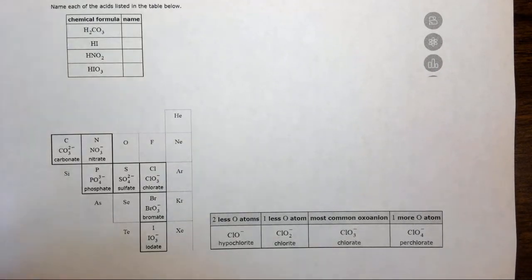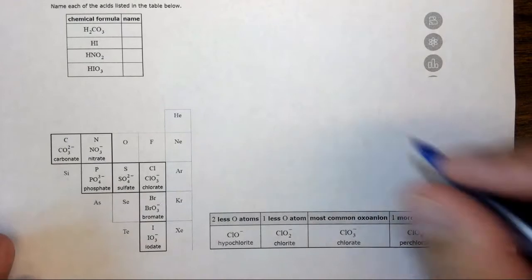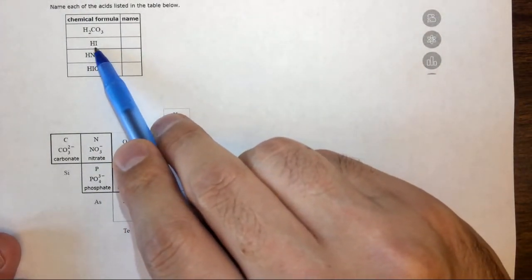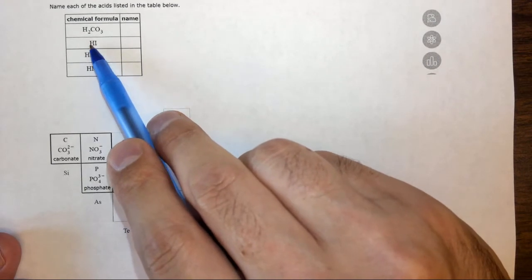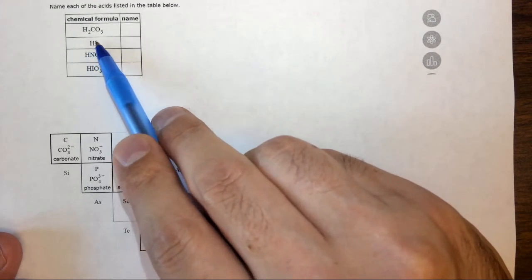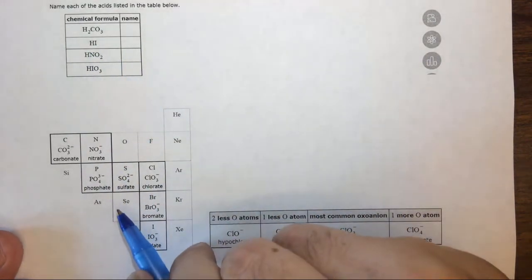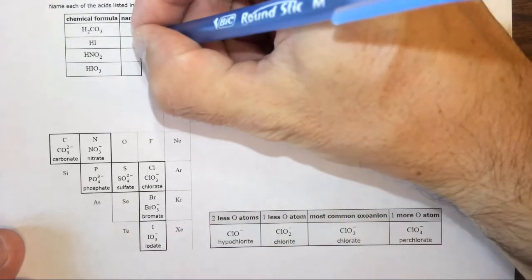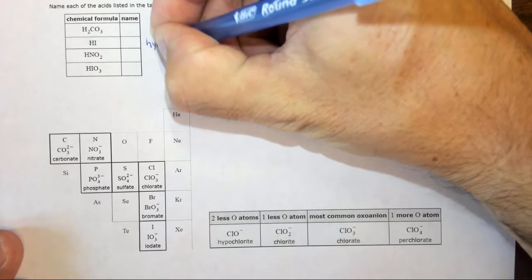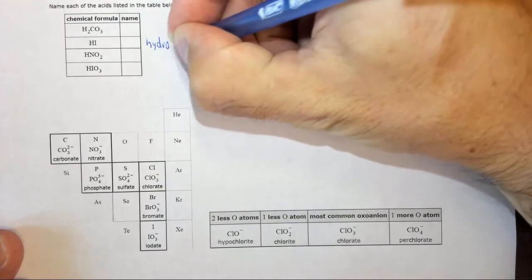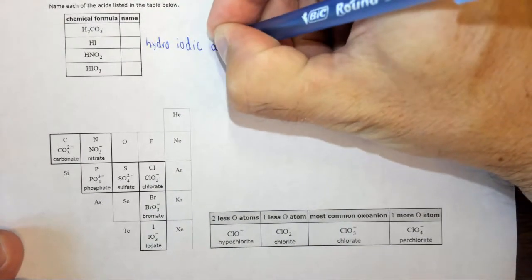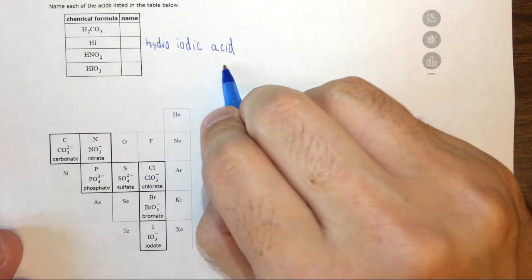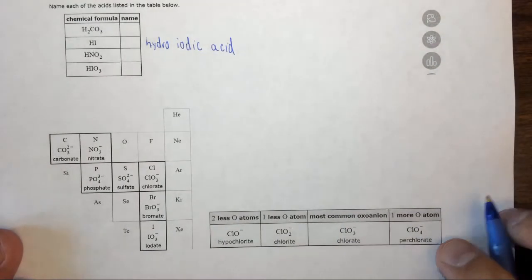First, if you have a monoatomic ion, like iodide here, so you have HI, so I minus would be a monoatomic ion, you use the prefix hydro. So this is called hydroiodic acid. Hydroiodic is one word, acid.